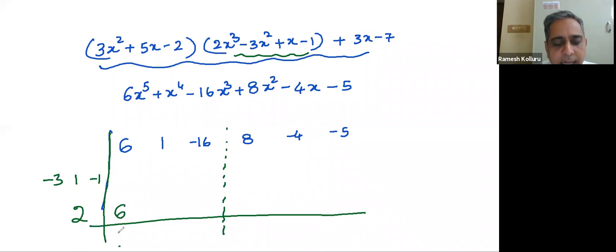So 6 I will take, 2 3s are 6, minus 9, so it becomes plus 9, plus 3, so minus 3, so plus 3. So 9 plus 1 is 10, the second position. Second position is 10.